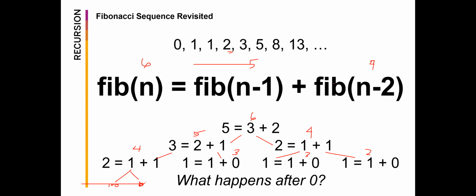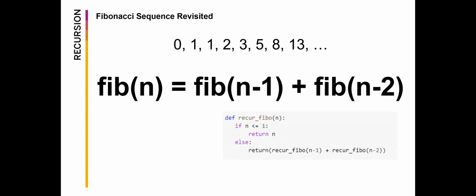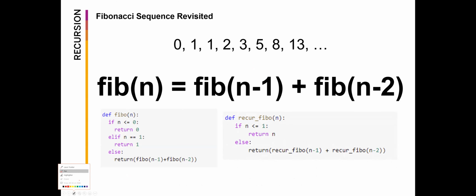So the question now is what actually happens after 0. If we look at the code, let's look at the code on the left first. If the number arrives at 0 or less than 0, because of the n minus 1 and 2, there's a tendency we will arrive at 0 or -1, then we return 0.